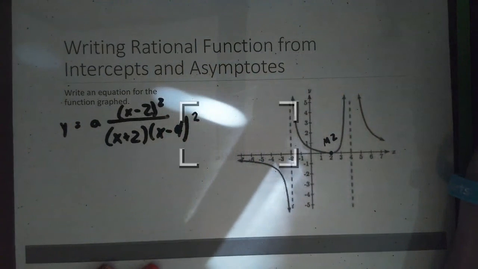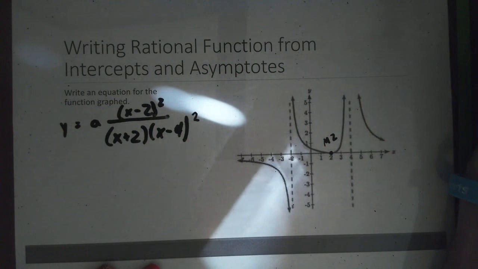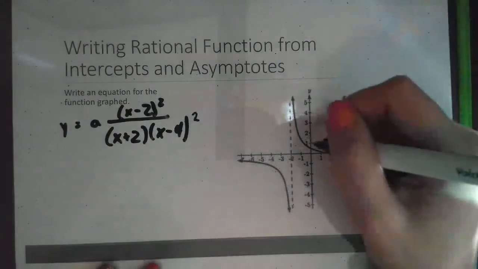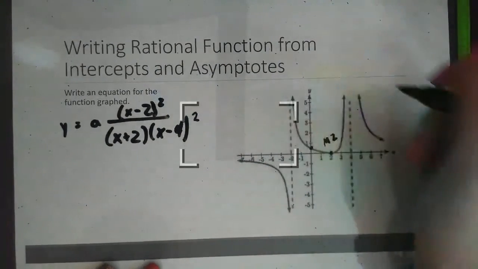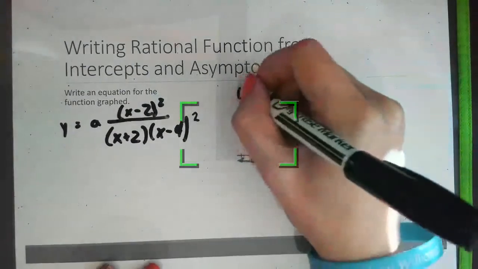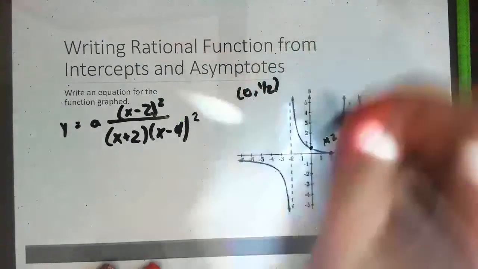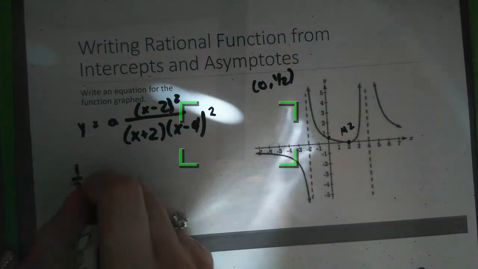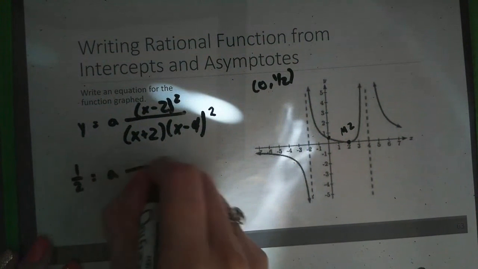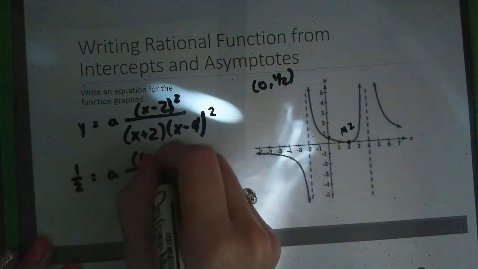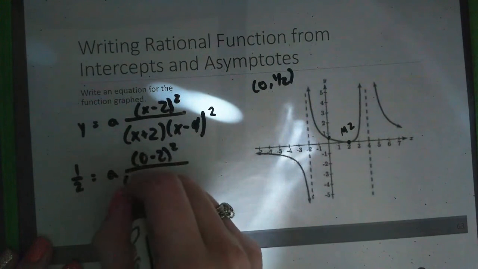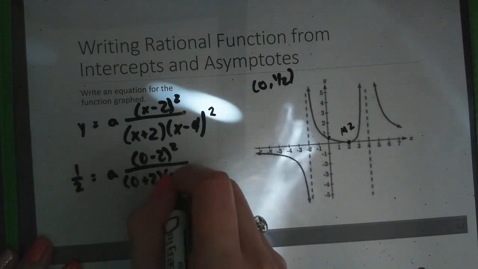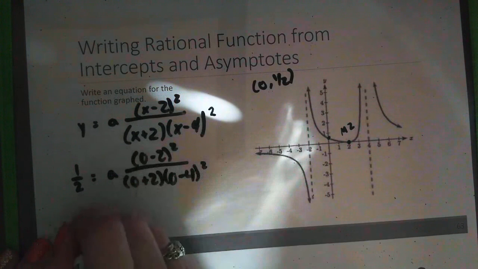The last thing we need to do is solve for a, so we need another point on the graph. This graph isn't exactly the best, so I'm going to just kind of take a guess and say that our y-intercept is at (0, 1/2), and we will try to work it out from there. So that would be 1/2 is equal to a times the fraction, (0 minus 2) squared, over (0 plus 2) times (0 minus 4) squared.